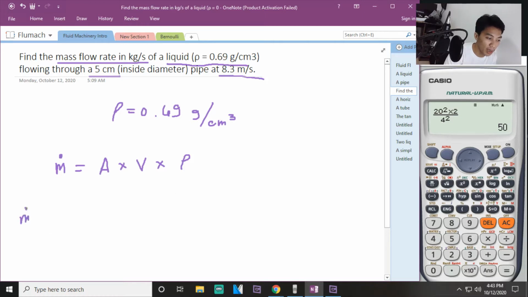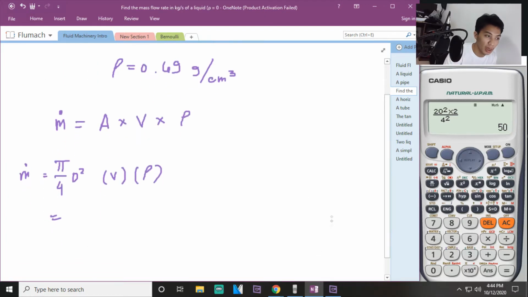So, mass flow rate is given area. Ano ba yan? Circular naman. Kasi ang sinabi, inside diameter. Therefore, ang area is pi over 4 D squared. Multiplied by yung velocity times rho. Okay. So, pi over 4.